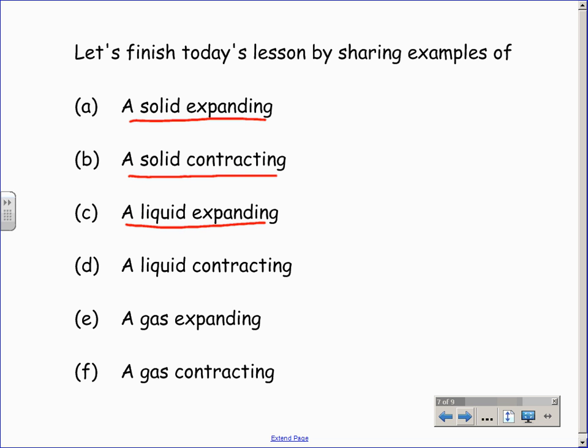And now I want you to think about a liquid contracting. How about a gas expander or a gas contracting? We can use some of the examples we talked about in this flipped classroom lesson, or go online, Google yourself. Examples of a solid expanding or contracting, liquids expanding and contracting, or gas expanding and contracting.